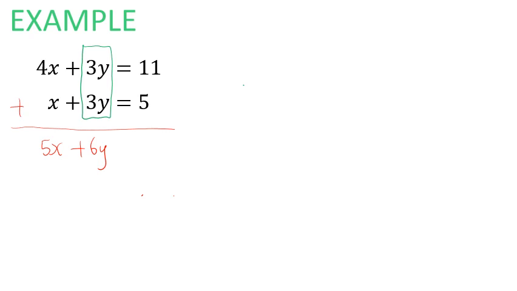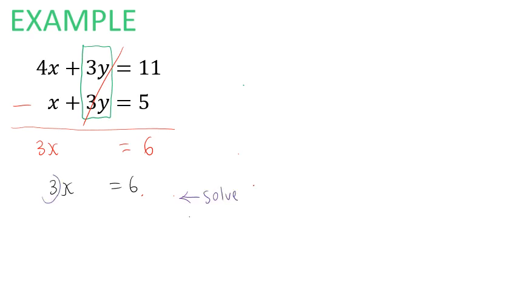Oops, neither of the variables was eliminated, so I need to subtract instead. 4x minus x is 3x, 3y minus 3y cancels out, 11 minus 5, 6. So I've got 3x equals 6. Now I'm going to solve for x. So 6 divided by 3, x equals 2.